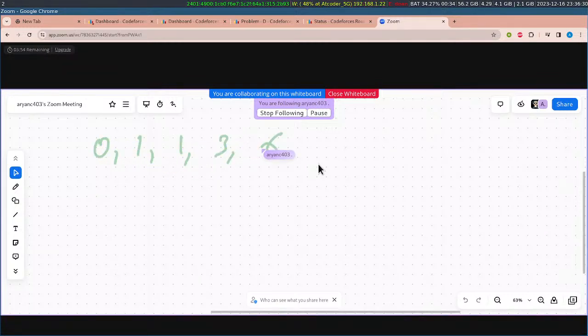If we have an array like this, the smallest non-negative integer which does not appear in it is 2, so the max of this array would be 2. And if we have 4 2 0 0 1 1 3 6, the smallest non-negative integer which does not appear is 5, so the max of this array is 5.